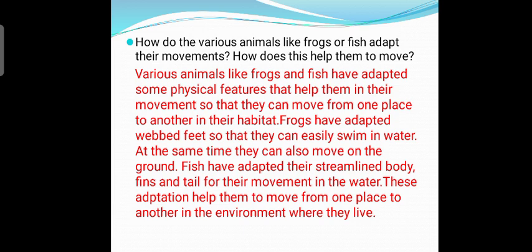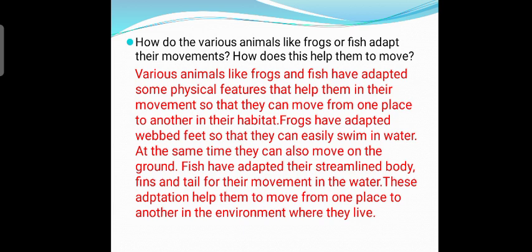Now see, various animals like frogs and fish have adapted some physical features that help them in their movement so that they can move from one place to another in their habitat. Frogs have adapted webbed feet so that they can easily swim in water. At the same time, they can also move on the ground. While fish have adapted their streamlined body, fins, and tail for their movement in the water.